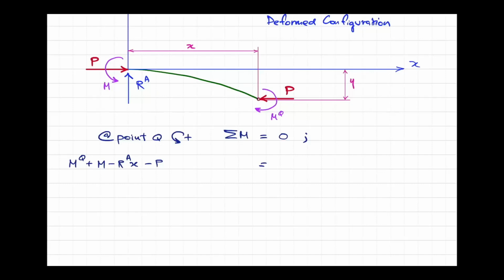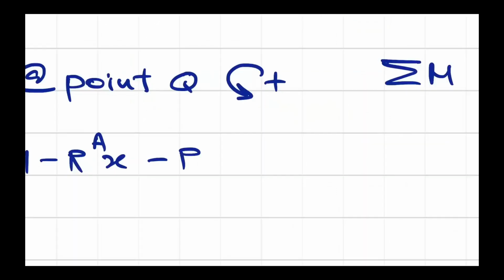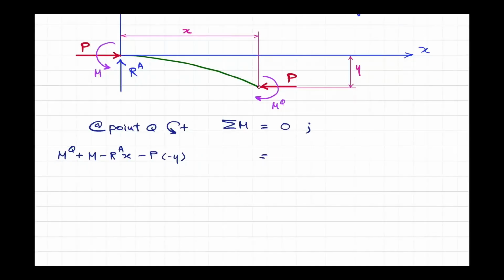You need to put the negative in front of the Y to neutralize the sign, so it is the minus Y. Otherwise, your moment direction will be changed by the position Y. So we neutralize and make sure that Y turns out to be one positive number. P is that number, magnitude. P times Y, you get the magnitude, and then the minus sign accounts for the clockwise direction, which is opposite to what we set up for the sign convention.